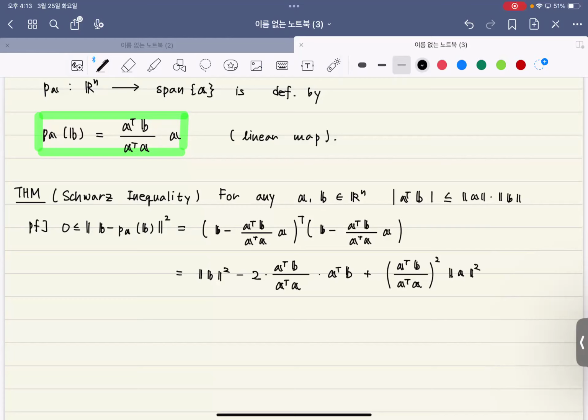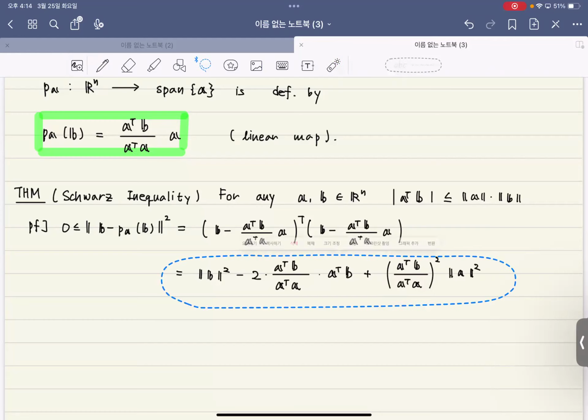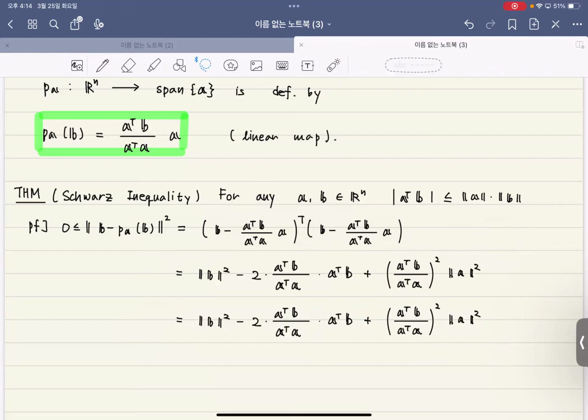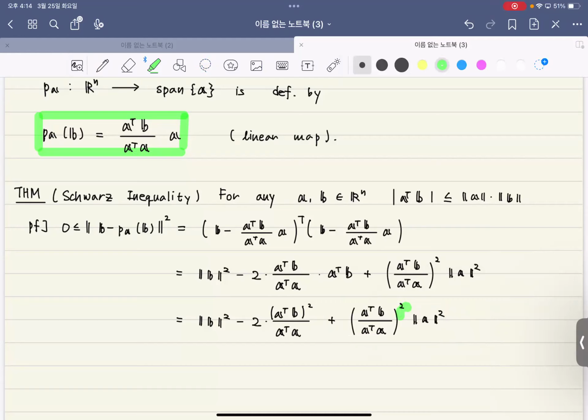Okay, and now what? I have 2 A transpose B, and I just want to square this. This one squared, and one factor of this, they cancel out.